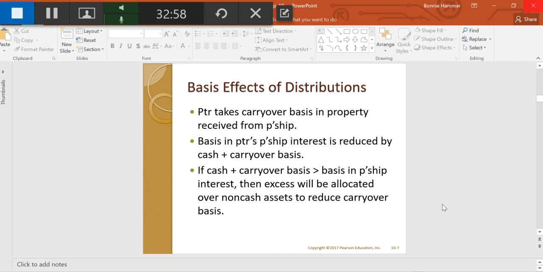Because why? Because our basis in the partnership interest can never go below 0. So the way we handle that is by saying, what is the excess? I will reduce the basis of the non-cash property received by the excess. And now it'll have a lower basis. And that's how the IRS equates everything economically.